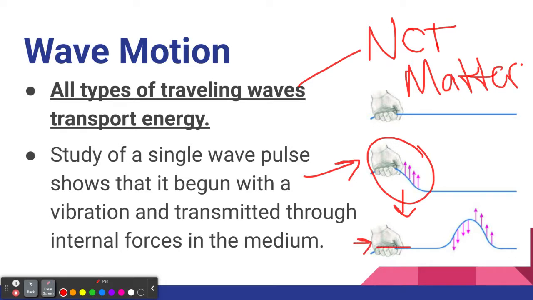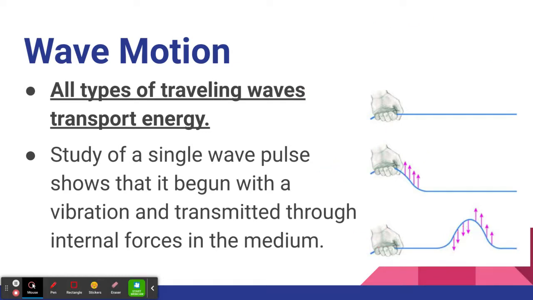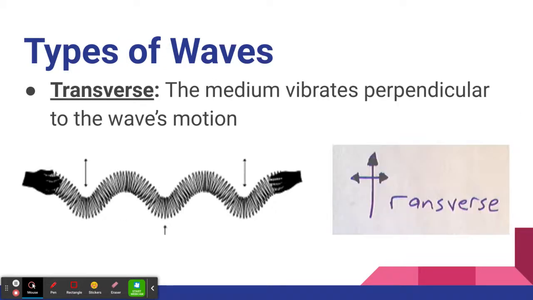The energy that was first put in by raising the hand transfers through our medium, our string, and more or less travels through it, making it bend its shape a little bit as it goes through. We've probably done this before with strings, ropes, hoses.